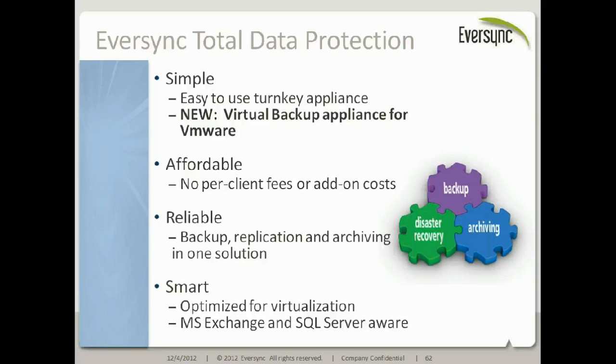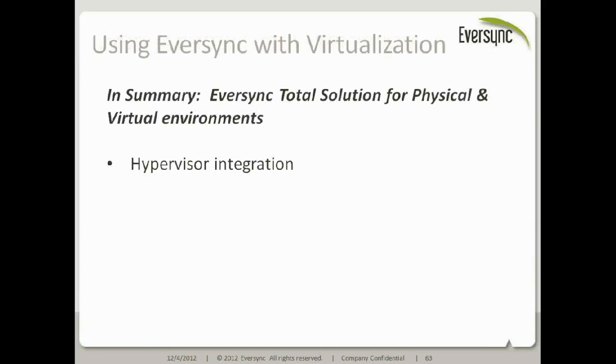As mentioned, you get backup, replication, and archiving, all from the single appliance. Well, two appliances for replication, since you have to have somewhere for it to replicate to. And you get smart integration with virtual machines, particularly handy for running Exchange or SQL within virtual machines.